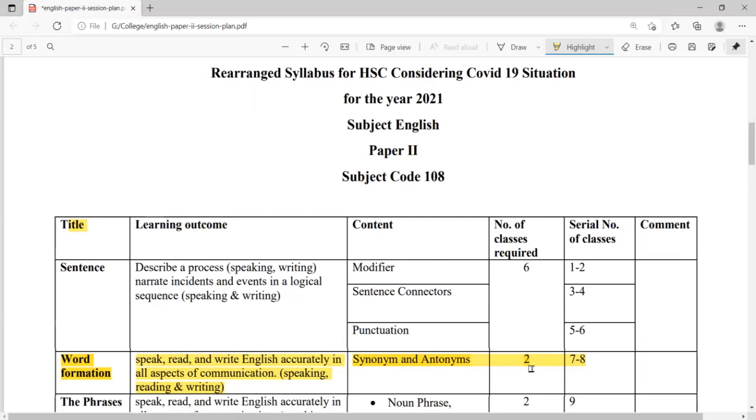So dear students, before going to learn the rules or regulations about word formation or about synonym and antonyms, I want to show you how in your exam the synonym and antonyms will be given. So I'm going to solve a board question at first, so that you can understand practically what you need to do or what you should do in developing this topic.